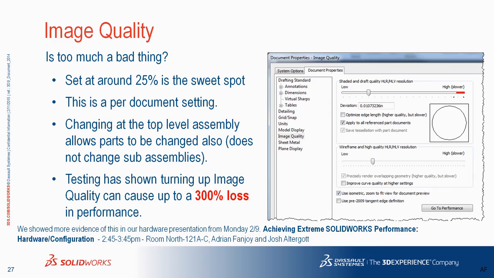What you've got to watch out for is relative size. The smaller the object is, the higher this image quality has to be set to accommodate curves, small features, or just to ensure that a curve is round rather than jagged in a drawing, especially when you're zoomed up in a detail view or something of that nature. So you do have to watch that.